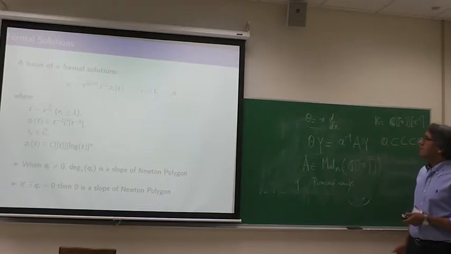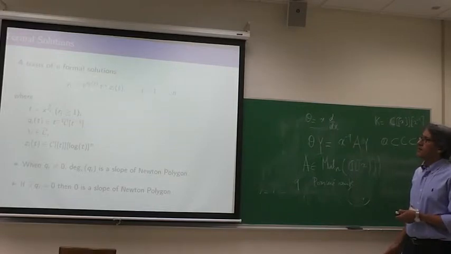Given such a system, it is known that it has a basis of formal solutions that can be written in this form. This was mentioned yesterday in a talk by Suzy in the session. Any element of this basis can be written in this form.